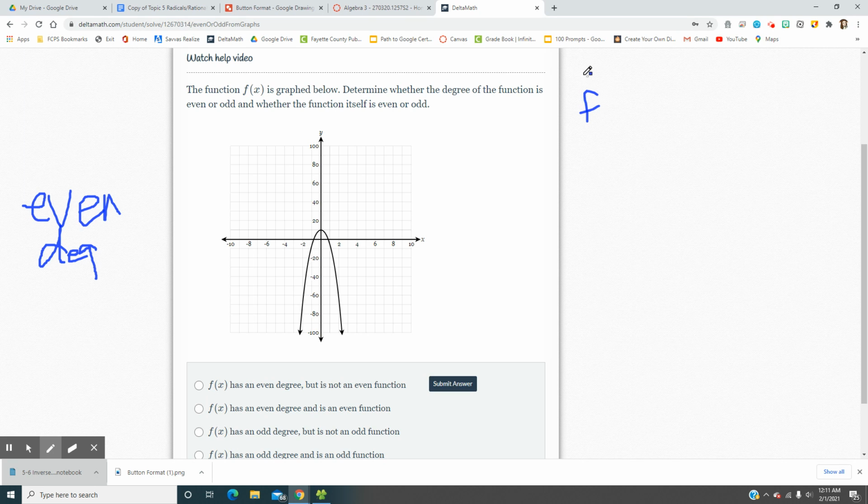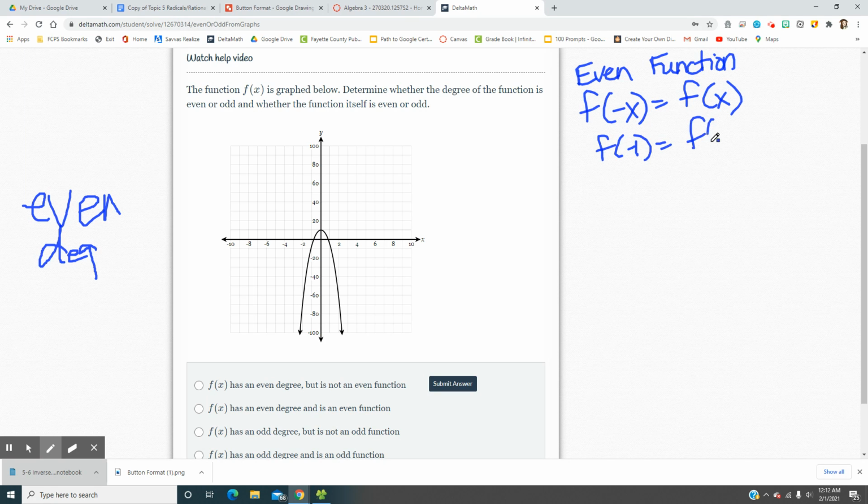So let's see if it's an even function. Is f of negative x the same as f of x? Well, let's see. It looks like I can pick negative 1. Is f of negative 1 the same as f of 1? f of negative 1 looks to be about negative 10.